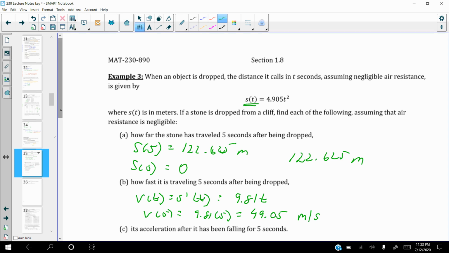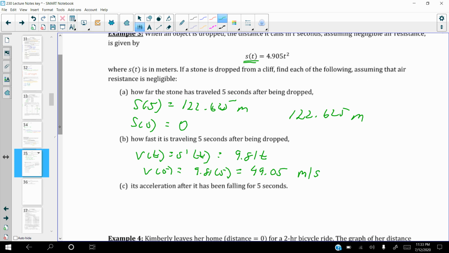And then we want to find out the acceleration of this thing at, again, the same time 5. Well, acceleration is the first derivative of velocity. It's how the velocity is changing, which is also the second derivative of position. Much easier just to take the first derivative of velocity since we found that above.